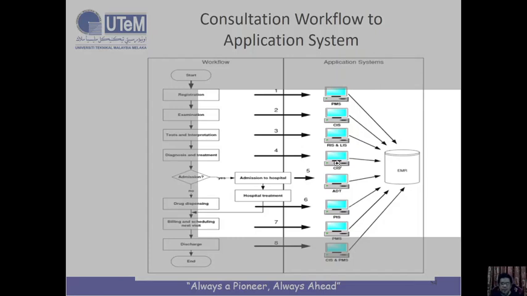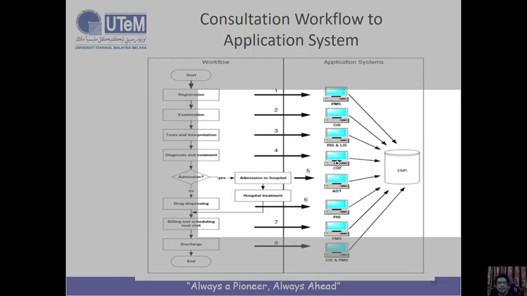When you develop a system, you need to understand the workflow and map it to the system to be developed. Otherwise, you develop a system with or without purpose. Okay, so you just have a computer system, but your system actually cannot capture the business process of the healthcare system in this context.